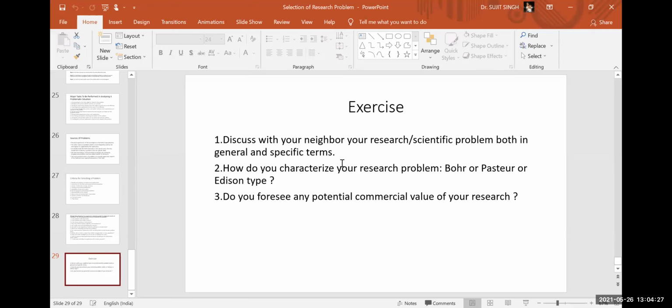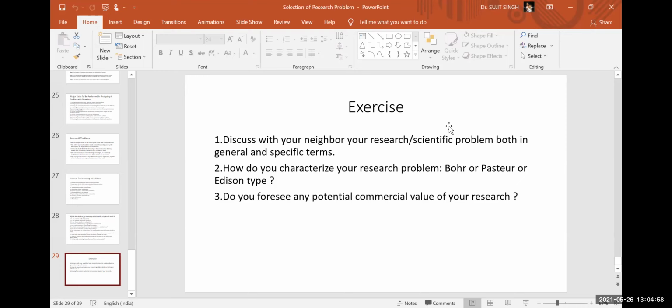I usually make groups of 2 people, and they try to find out the broad area. Discussing, okay, I am interested in this field, he is interested in this field, and sharing your experience with each other. He will give some input to improve your research problem.